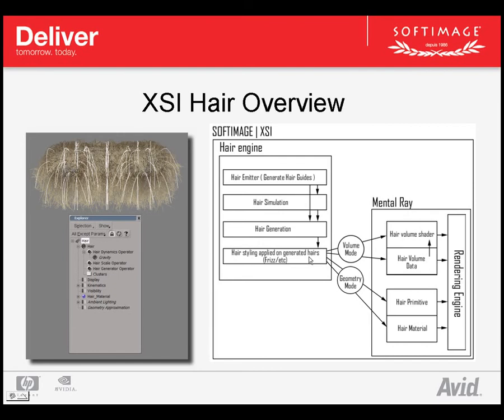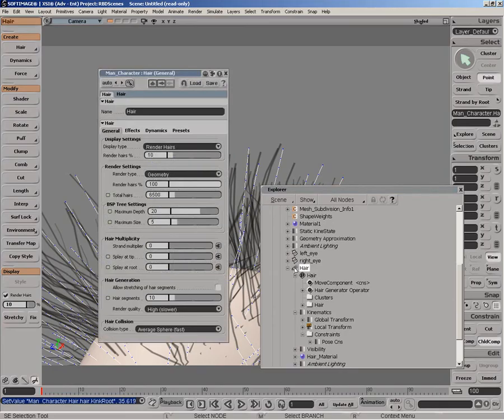So we offer two options for rendering hair, a volume solution and a geometry solution. And basically the same hair renderer works in both modes. If we go on the actual hair primitive, from here we can actually select whether we're going to use a volume shading approach for rendering or geometry.